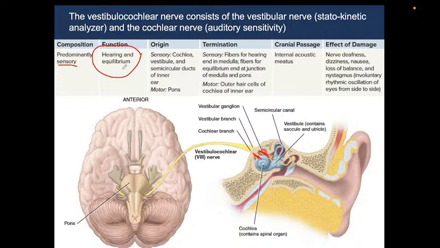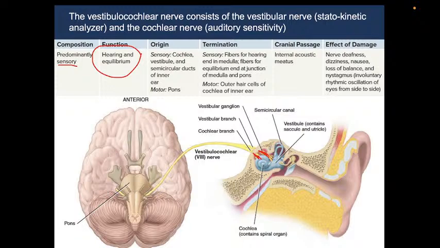Equilibrium means how people keep their body balanced, or statokinetic receptions.